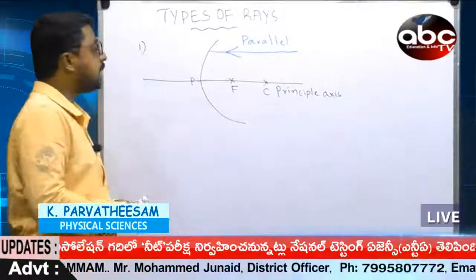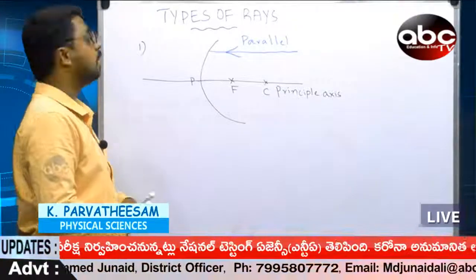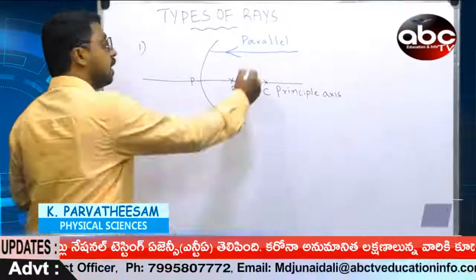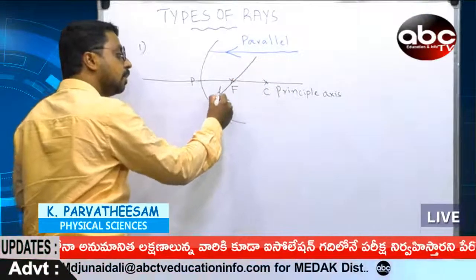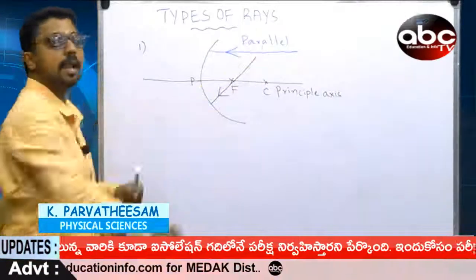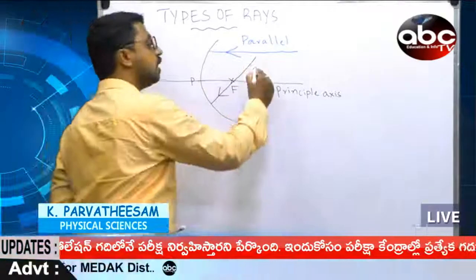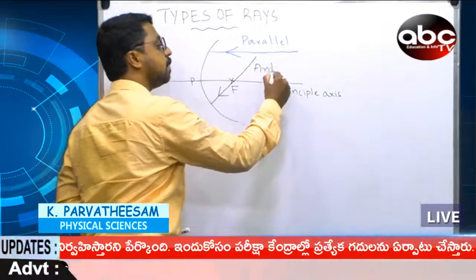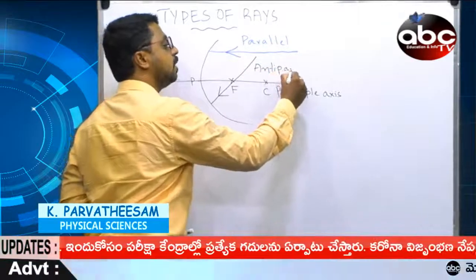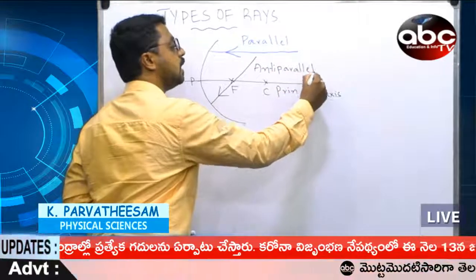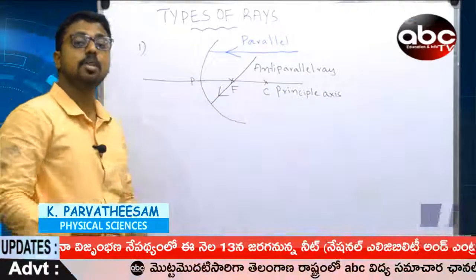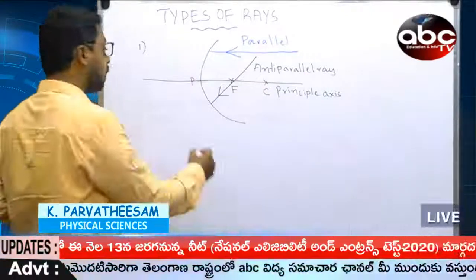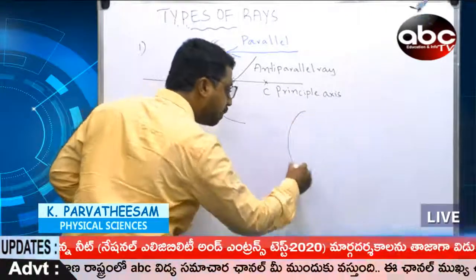So let us understand the second type of ray. What is the second type of ray? The anti-parallel ray. For the first one, this is called the parallel ray, and for the second one, this is called the anti-parallel ray. Coming to the third type of ray, let us understand a little better.